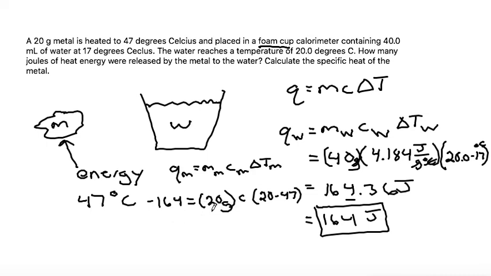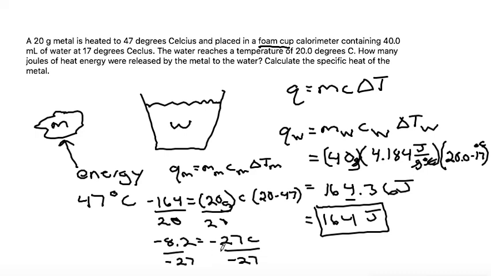If we divide both sides by 20, 164 divided by 20 is 8.2, so this would be negative 8.2 is equal to 20 minus 47, which is negative 27, so negative 27C. So divide both sides by negative 27. 8.2 divided by 27 is 0.3037.